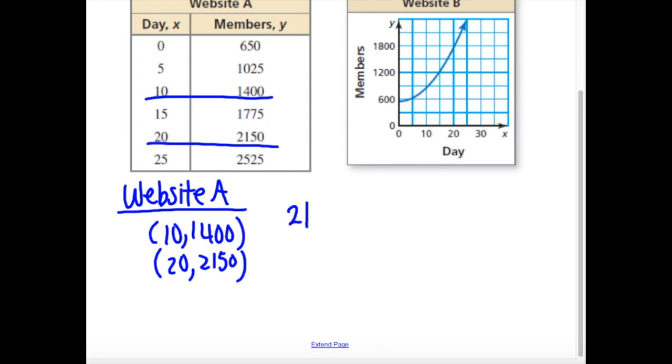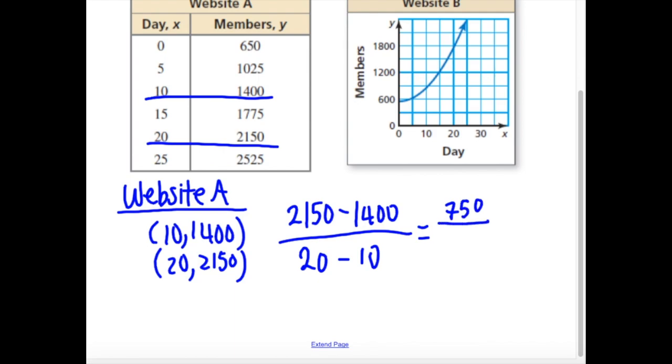So we have 2150 minus 1400 over 20 minus 10, which is equal to 750 over 10, which is the same thing as 75. What that means is from day 10 to day 20, your average rate of change was 75 people per day.